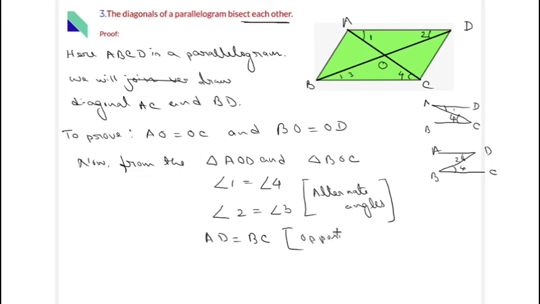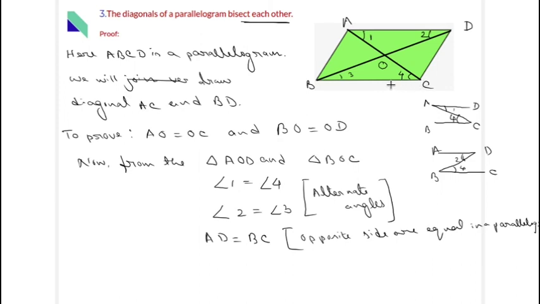Opposite sides are equal in a parallelogram. Okay, so that means what we have got: angle 1 is equal to angle 4, angle 2 is equal to angle 3, and AD is equal to BC.